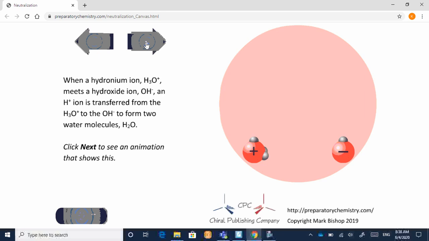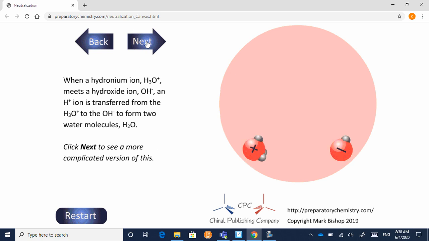However, here it is. When a hydronium ion combines with a hydroxide, when they meet, you've got a reaction that occurs. And basically there's an electron transfer between these. So watch this. As they combine, they're going to hit, and you get this transfer occurring, okay?